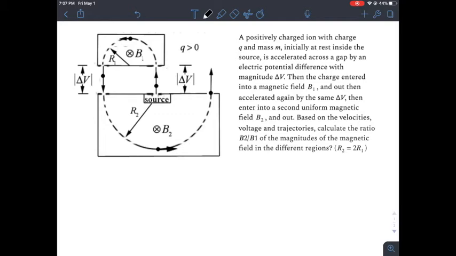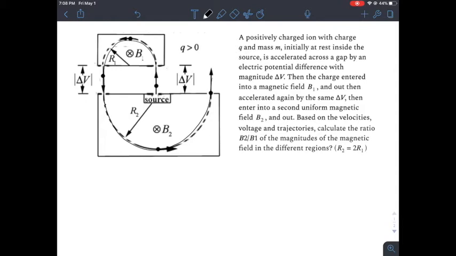So today we are going to look at a problem about the magnetic field and the trajectory of a charged particle. Here we have a positively charged particle with charge Q and mass m, starting from rest and accelerated through a source by a potential difference, then entering a magnetic field, bending, and exiting. It is accelerated again because it has a large velocity, enters a second magnetic field with a larger radius trajectory, and then finally exits.